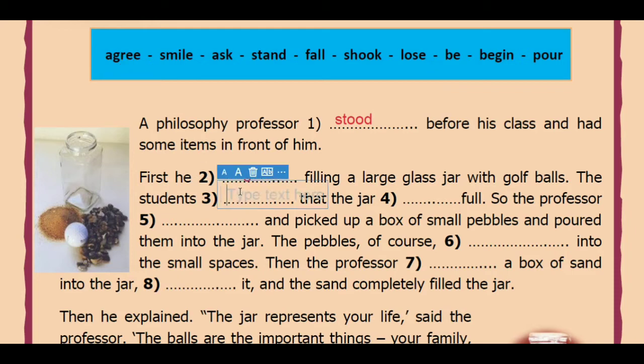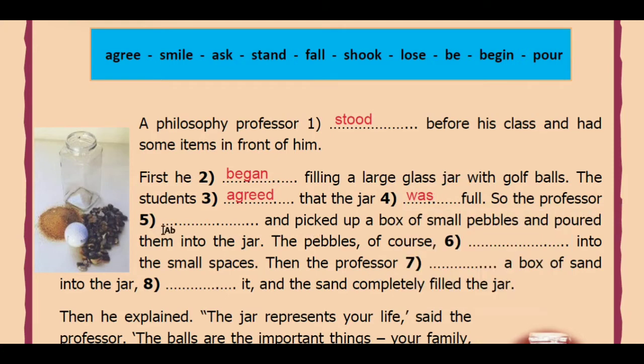In the past tense, agree plus d, only a d. Agreed that the jar was full. So you have to use be, right? Okay, so was, was full.